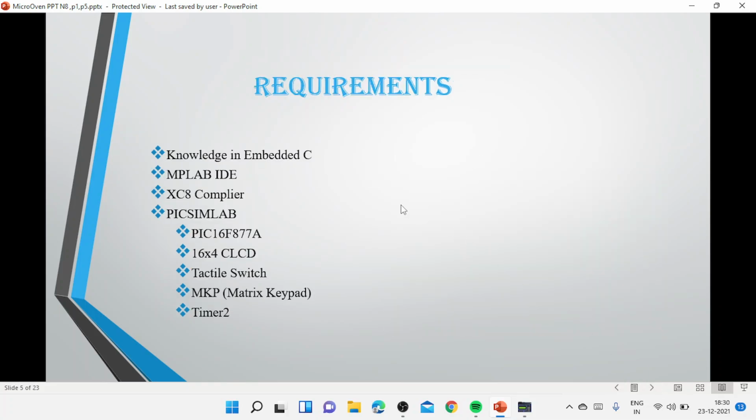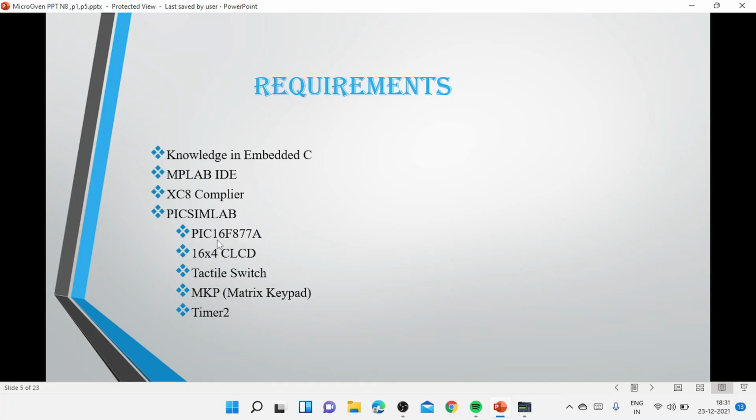Coming to the requirements, we have these things in order to do this project: knowledge of embedded C, MPLAB IDE, XC8 compiler, Pixem Lab, and the peripherals in the Pixem Lab.